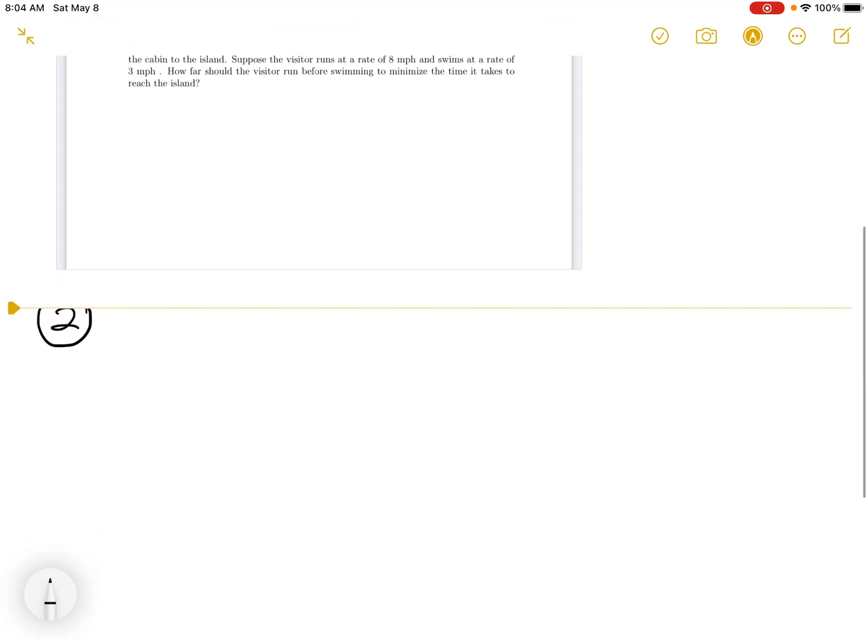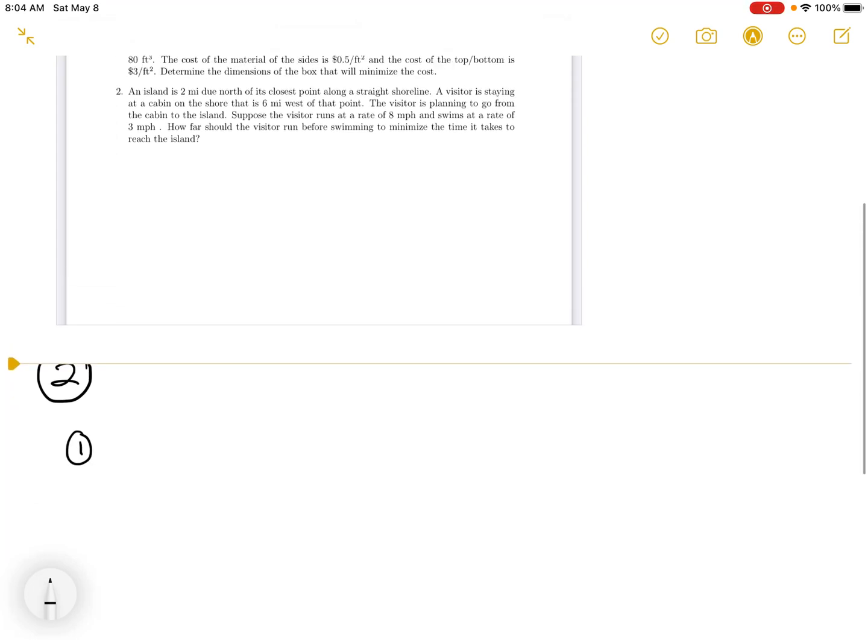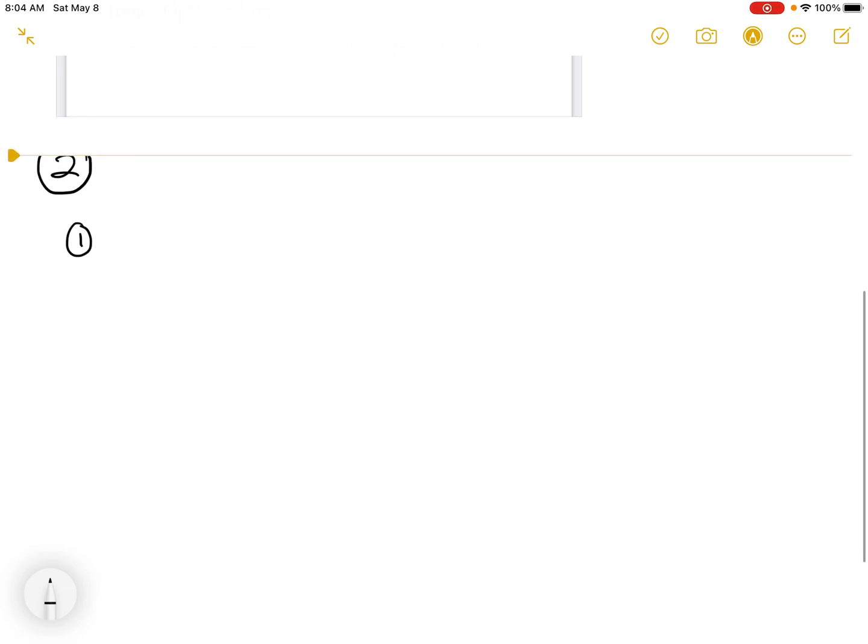All right. Step 1 is always to draw a picture. So we have a straight shoreline. We have an island out here, which is 2 miles to shore.